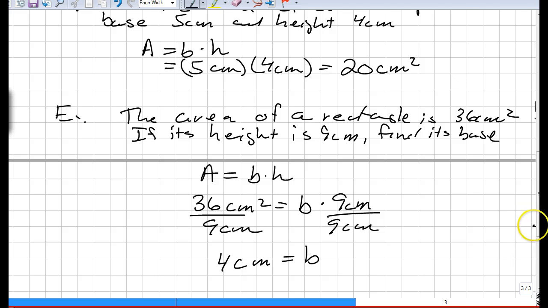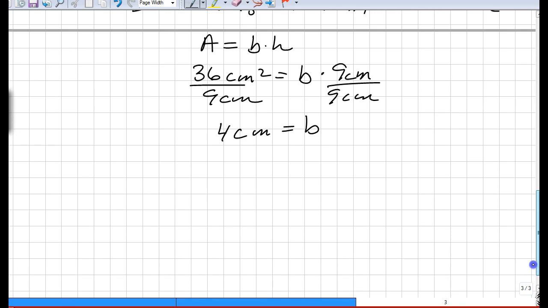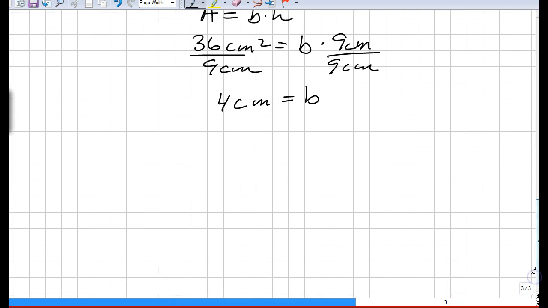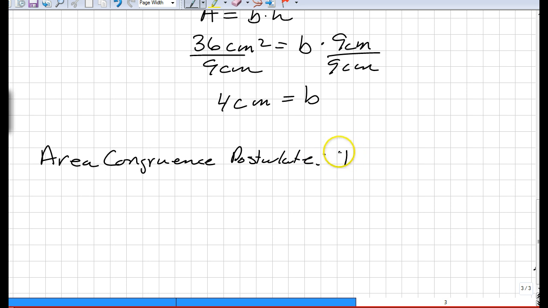All right. Then we have what is called the area congruence postulate. Very, very important. Okay.